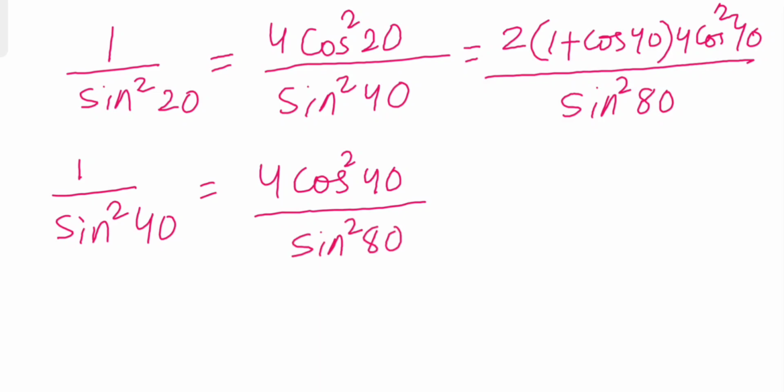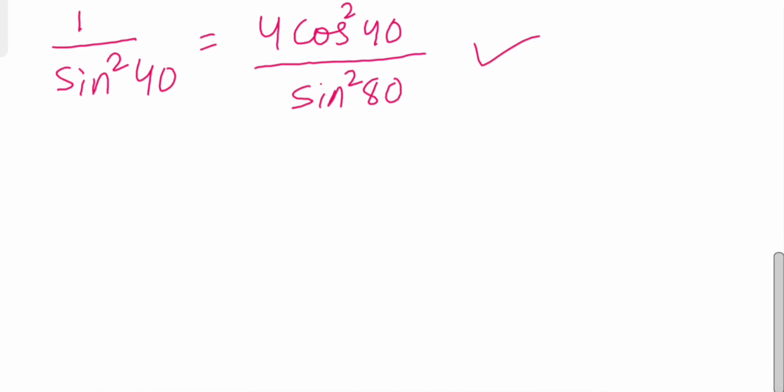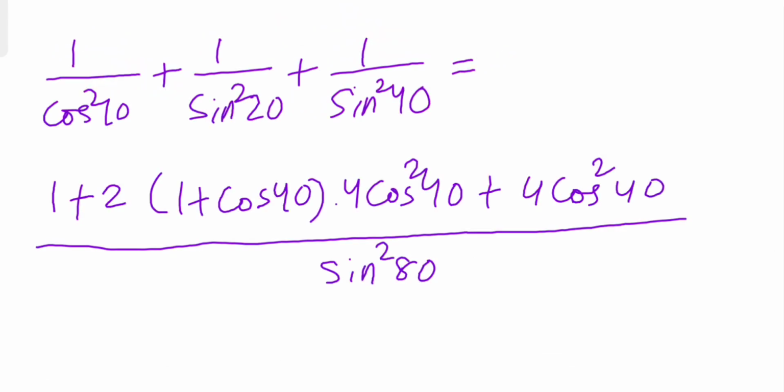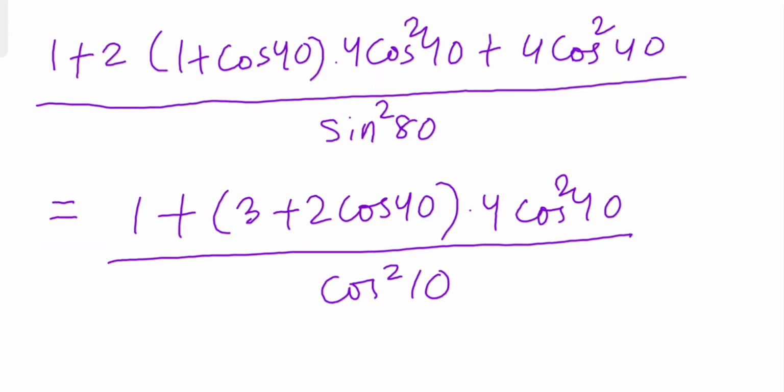Again here I multiplied 4 to both numerator and denominator, and then again cos square 40 to both numerator and denominator, and therefore we have this expression. Adding these three gives us our original expression. So let's add these three expressions, and then we have this.